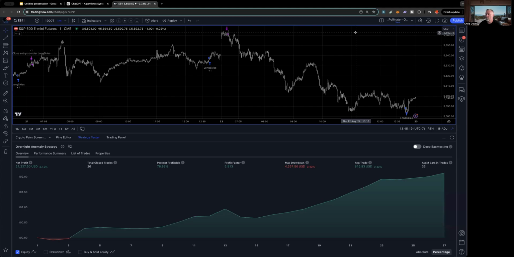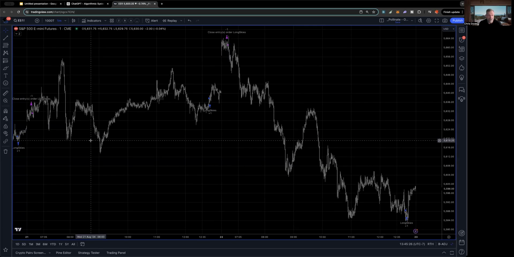First thing I want to point out, yes, I am using TradingView to show you, because that's my charting package. I built this out in Python using 1 minute data on the S&P 500 futures E-mini ES contract with data back to 1997.